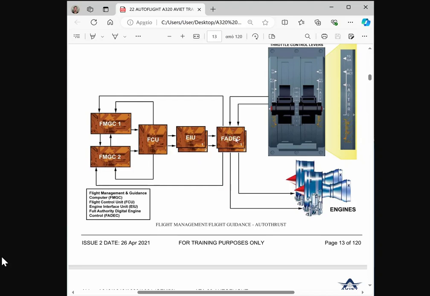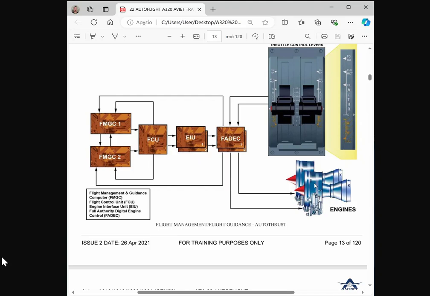In this case, the FADEC will increase the speed, and when we reach 330 knots, the FADEC will maintain the speed. What increases the speed? The FADEC increases the speed of the engine. How? With fuel. It sends fuel to the engine to increase the speed.